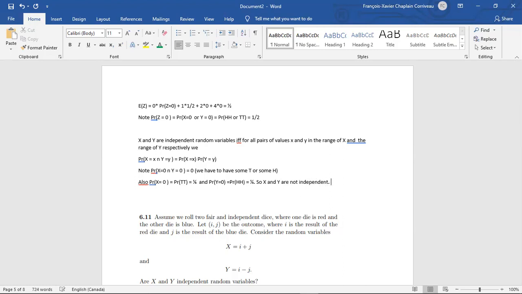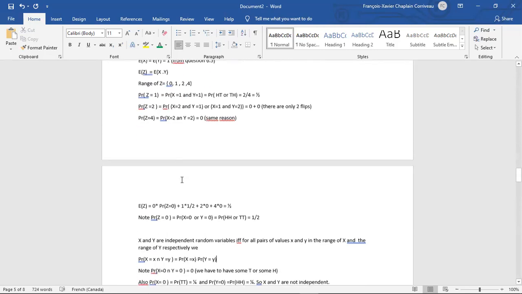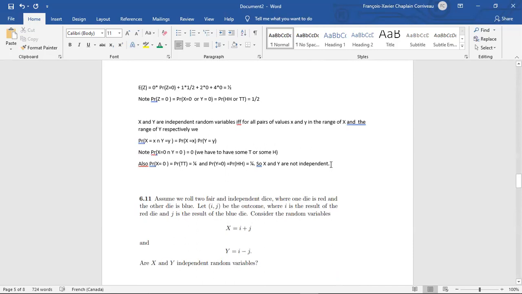And I know this seems like quite a bit of work to state something that is pretty much obvious. But the annoying thing is that it's the safest thing to do in an exam. You might think that two random variables are independent and then surprise, they're not, or vice versa. You think that two things depend on each other and surprise, they don't.